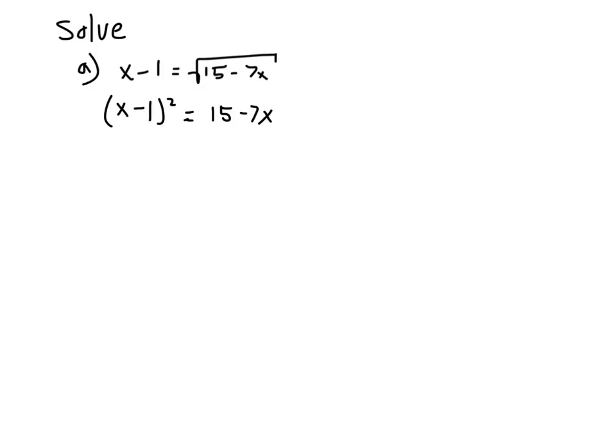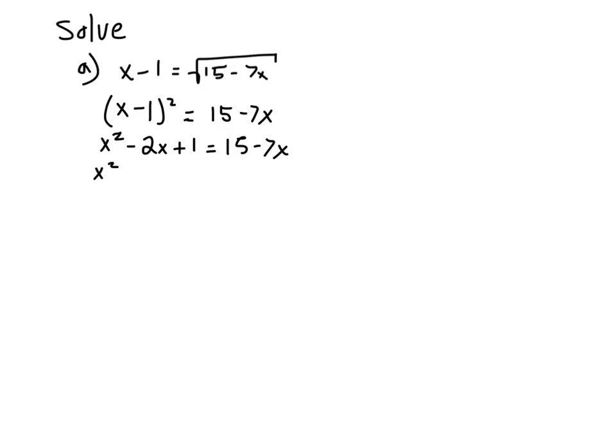So I'm going to go ahead and square this out. So I'll have x squared minus 2x plus 1, okay, and then rewrite the right hand side. Now, between these two steps, you could write this twice. In fact, in FOIL, that's basically what I did to get this here. Okay, so now I'm going to bring everything over to one side of the equation.